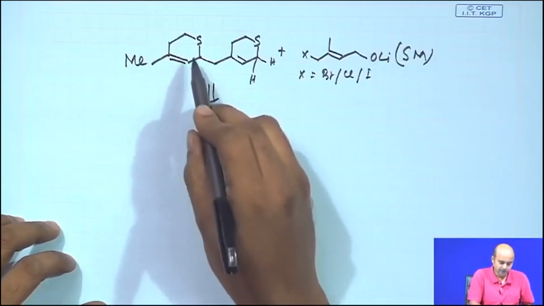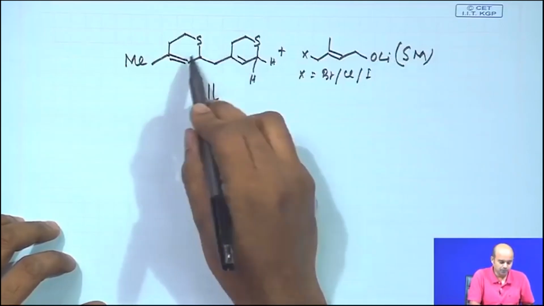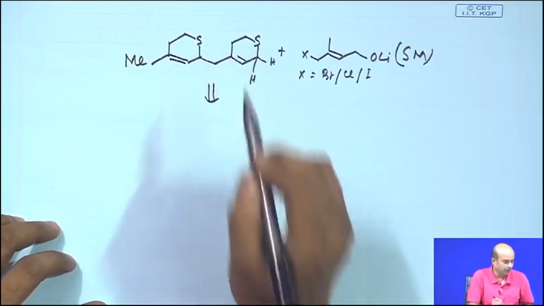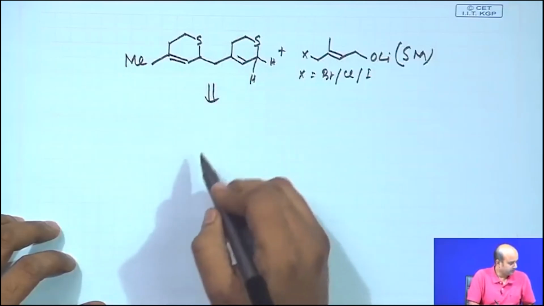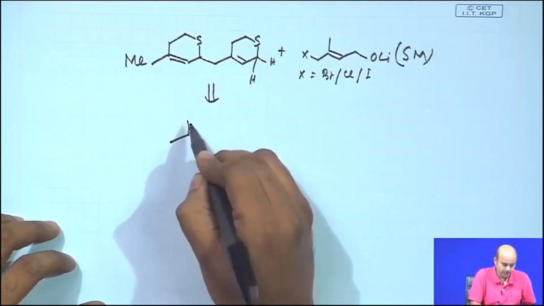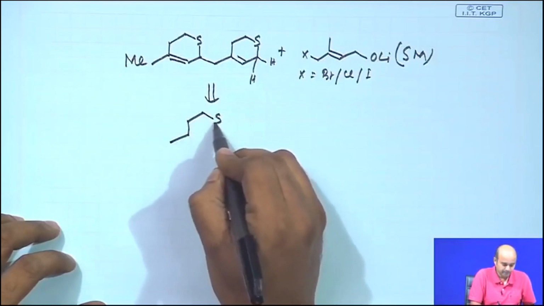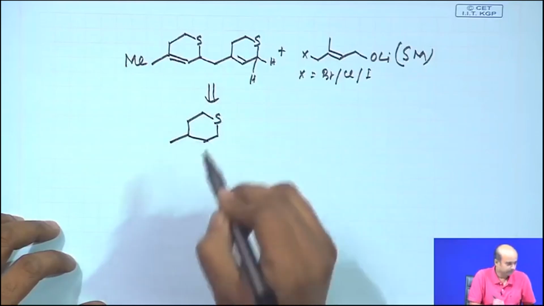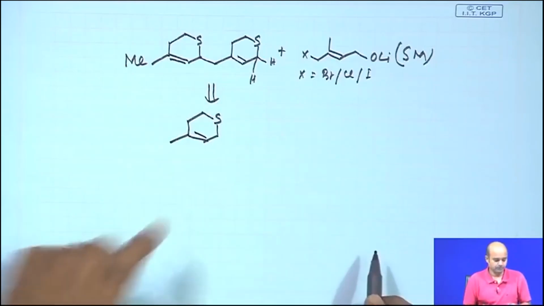Now, this bis tetrahydrothiophene or dihydrothiophene you can easily prepare starting from this compound.